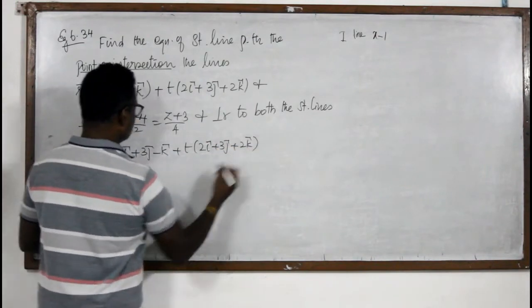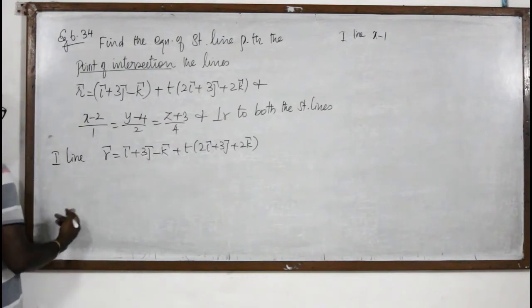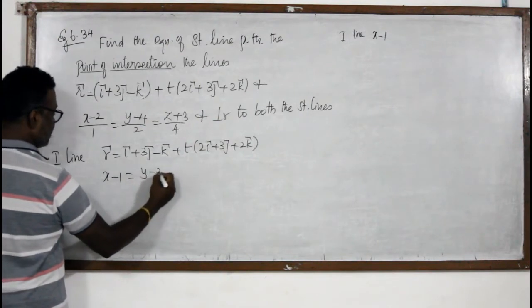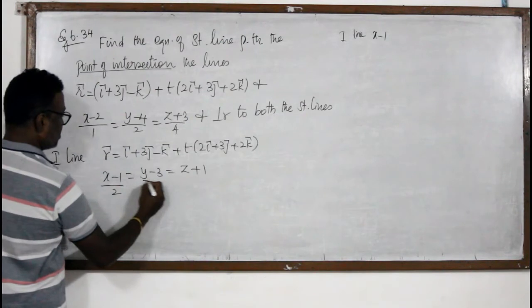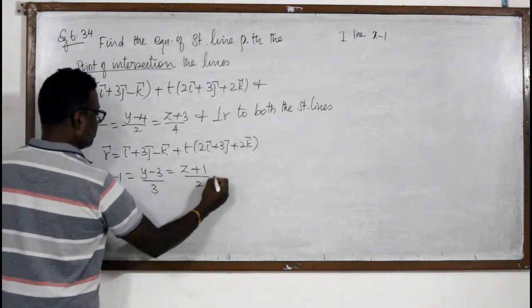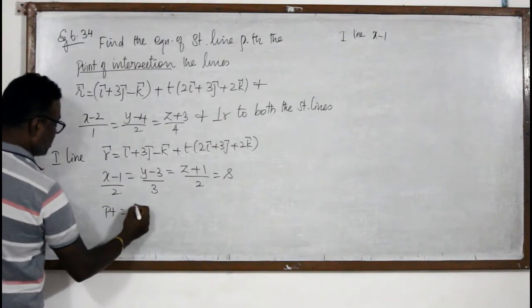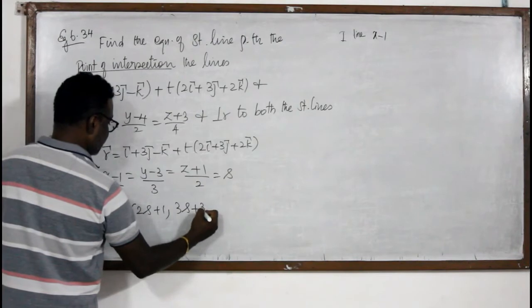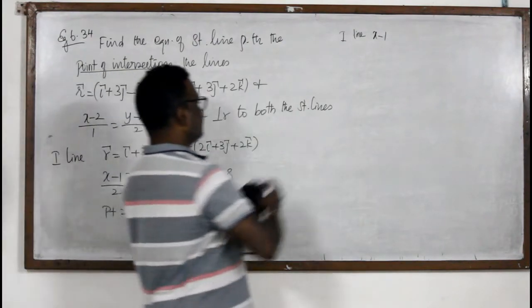If you are not able to find the point straightaway, we shall write it in Cartesian form: x minus 1 by 2 equal to y minus 3 by 3 equal to z plus 1 by 2, and we shall keep this as s. Then the point is 2s plus 1, 3s plus 3, 2s minus 1. This is the point on the first line.